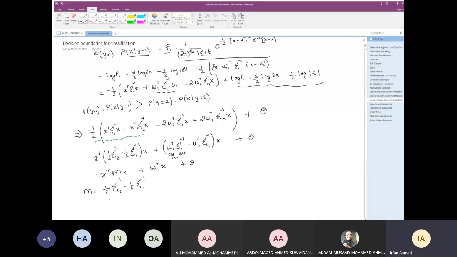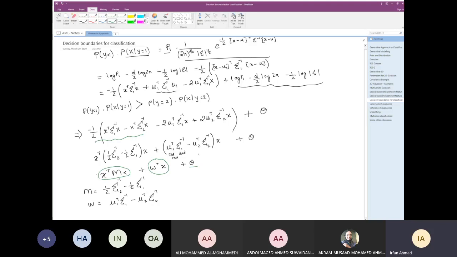W is mu1 transpose sigma 1 inverse minus mu2 transpose sigma 2 inverse. This becomes the quadratic term and this is the linear term. These are some fixed values, and this theta depends on other parameters you have estimated. So this is what you end up with.